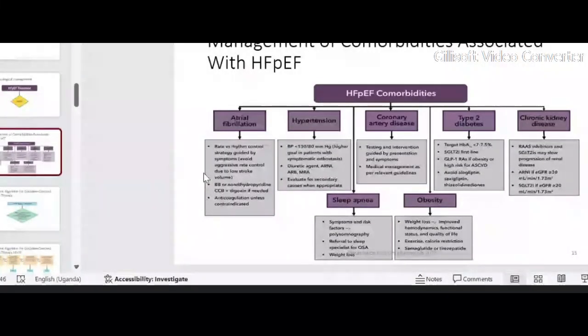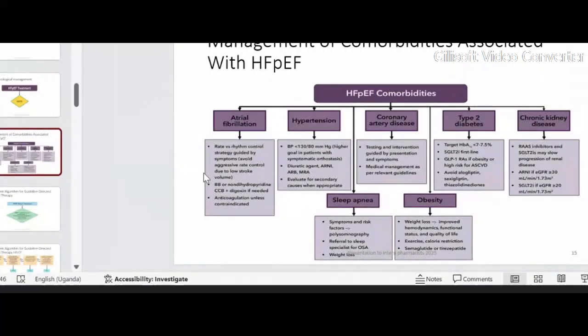We don't initiate them at that level, or we initiate them with caution. There is no absolute contraindication of these drugs, but there's a relative contraindication. In other words, you can use them with caution. If you're in an expert facility like Uganda Heart Institute, you can initiate the drugs, but monitor the patient's electrolytes and kidney function. With SGLT2 inhibitors, even with eGFR below 20, we can still initiate them. However, we have to monitor the patient for side effects of this drug as well, which we're going to look at.